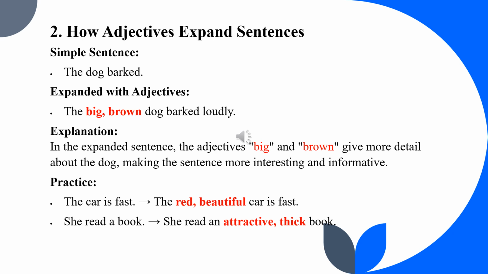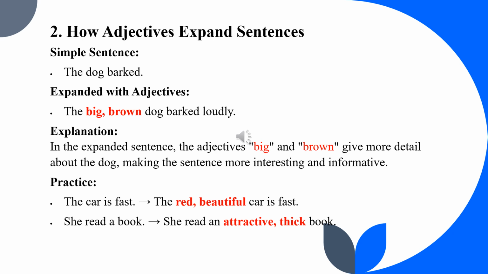So in the expanded sentence, the adjectives big and brown give more detail about the dog, making the sentence more interesting and informative. So by adding more adjectives, your sentence is going to be more interesting and more informative. That means it is full of information.